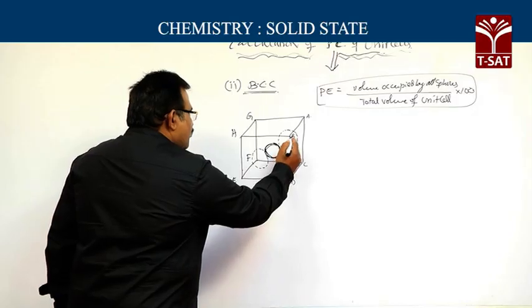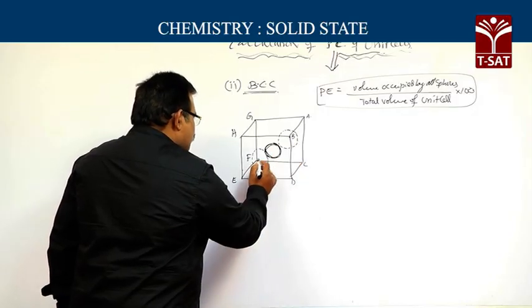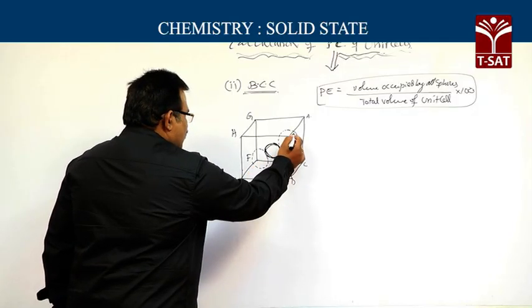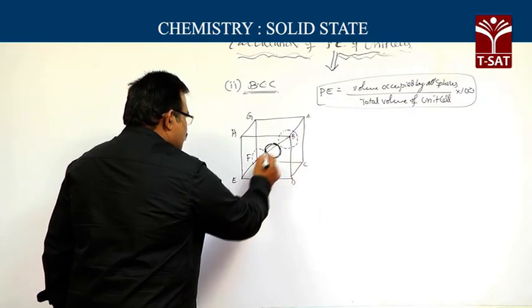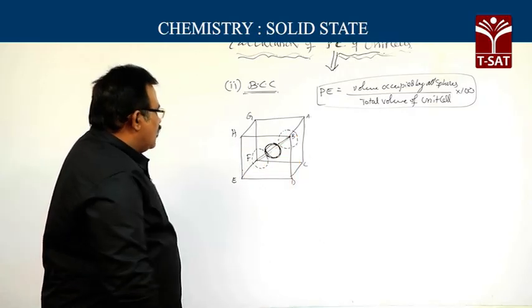So, from this corner to this corner, it is a body diagonal of a cube.